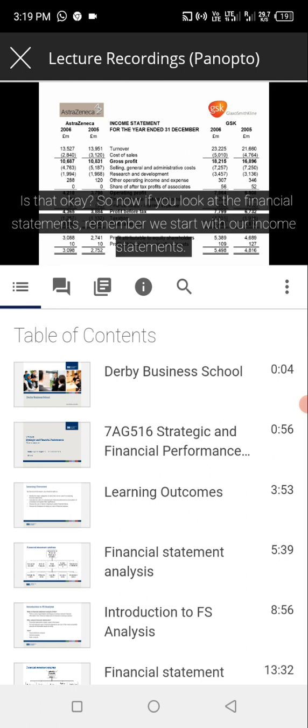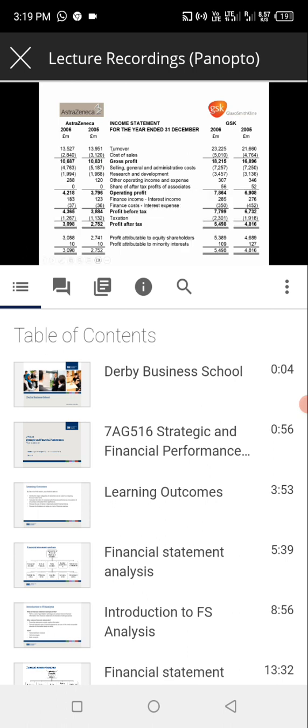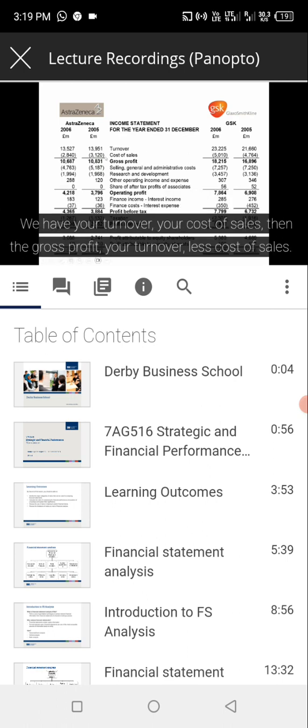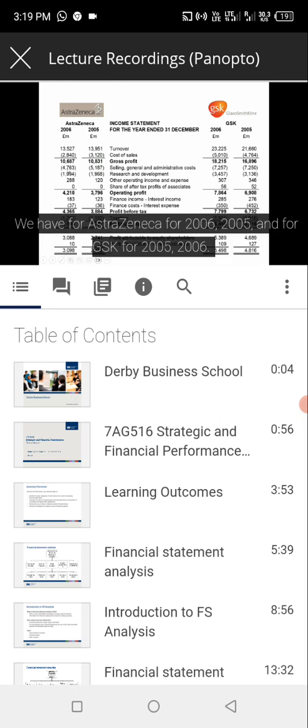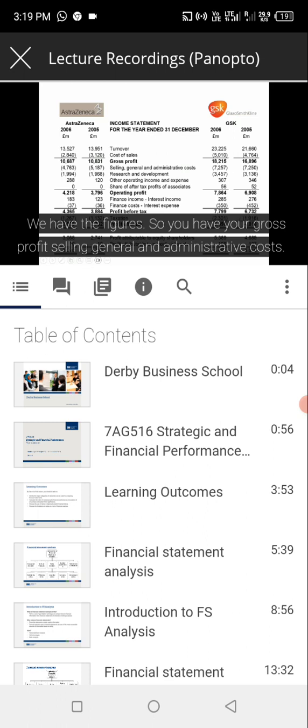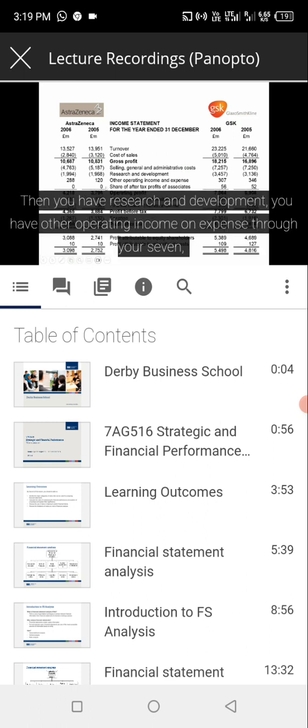If you look at the financial statements, remember, we start with our income statement. We have your turnover, your cost of sales, then the gross profit, which is turnover less cost of sales. We have figures for AstraZeneca for 2006 and 2005, and for GSK for 2005 and 2006. Then you have selling, general and administrative cost, then research and development, and other operating income and expense, 307, 346.